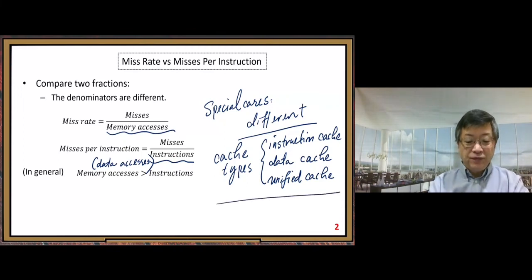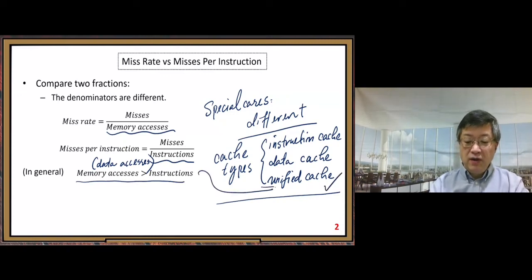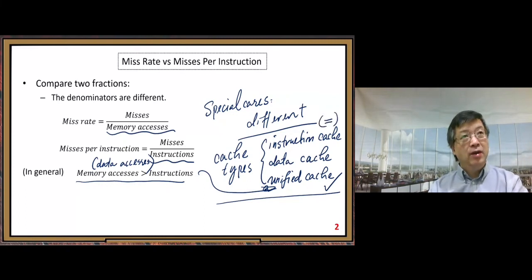When we compare memory accesses and instruction accesses, for unified cache, it is true. But for instruction cache, that number is equal.